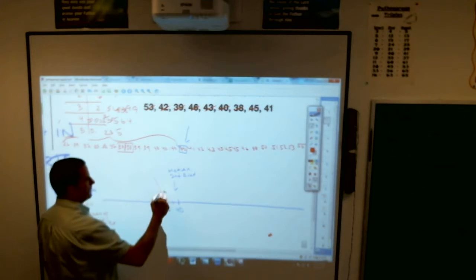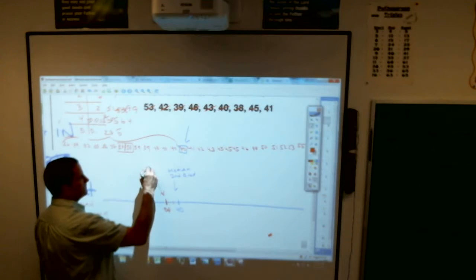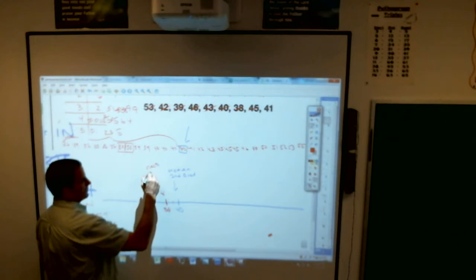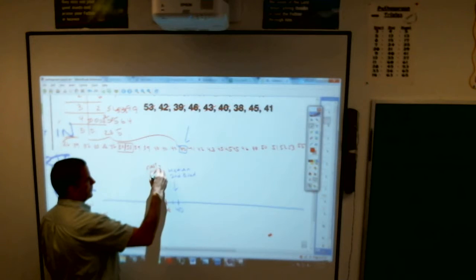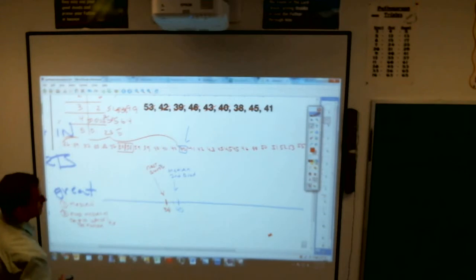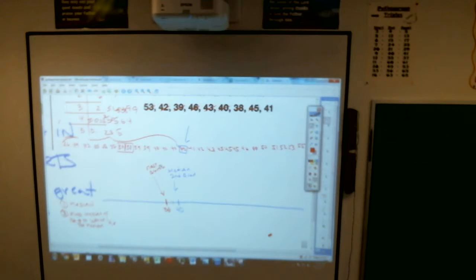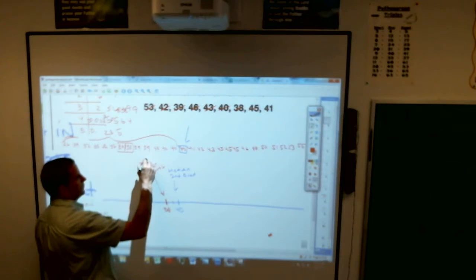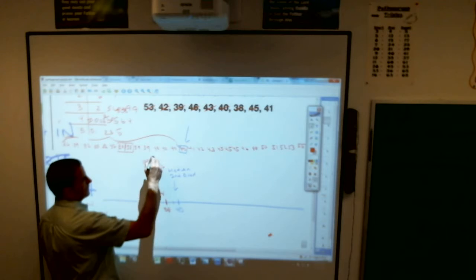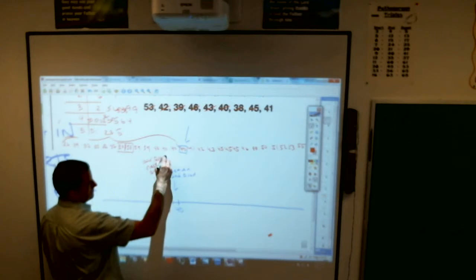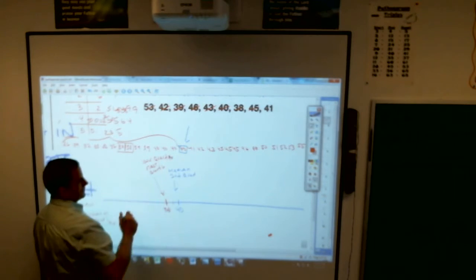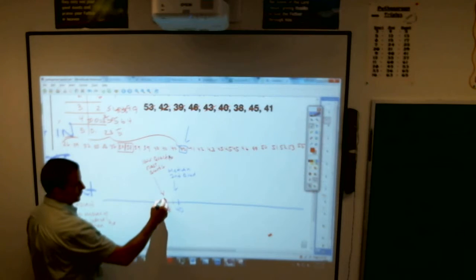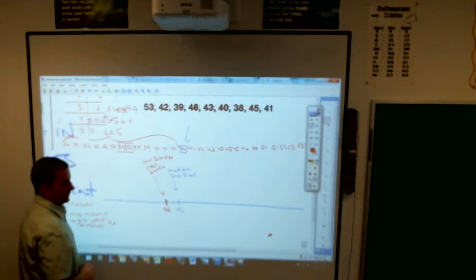This is called the first quartile, or sometimes it is called the lower quartile. Either one, it means the same thing. 38 is the first quartile, it is the lower quartile.